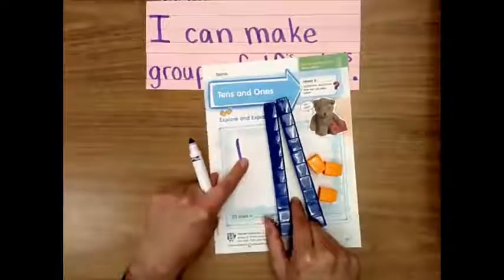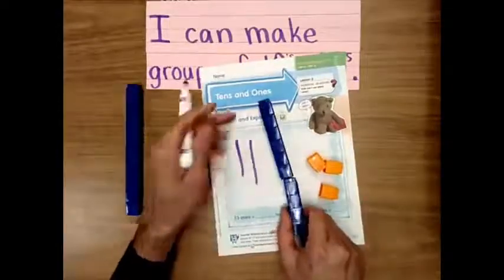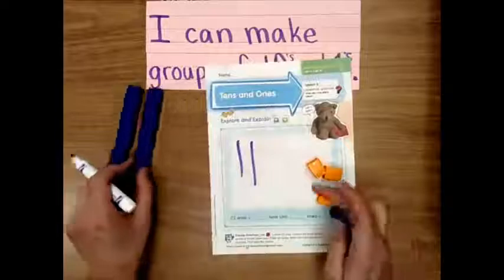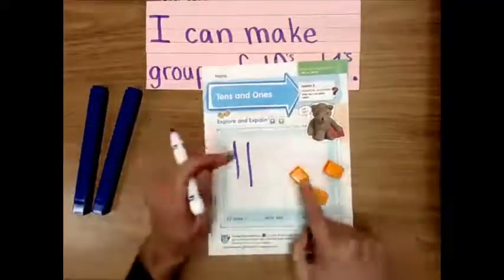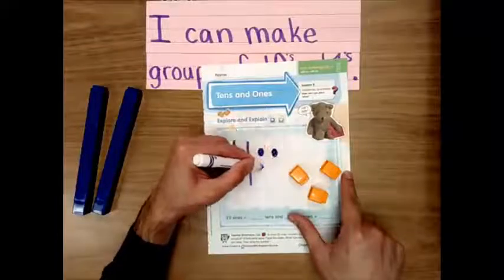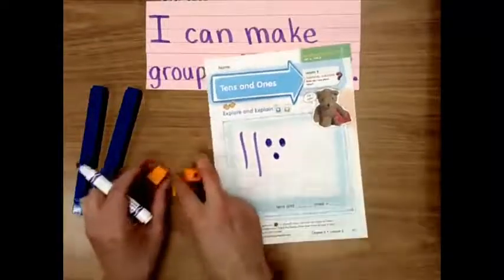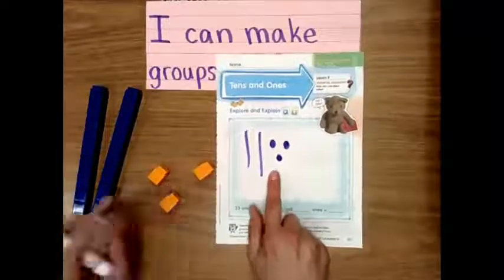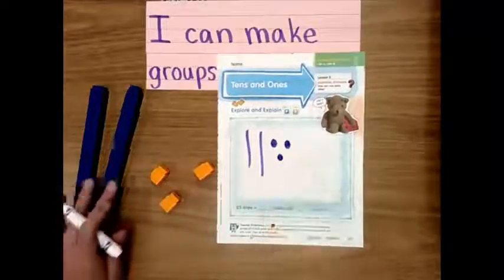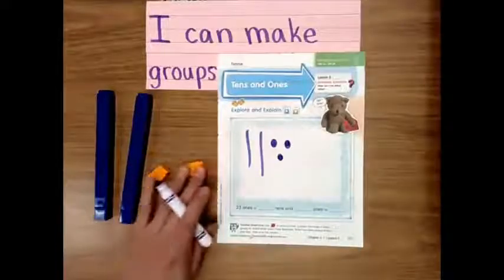So that's 1 10, and then here's another 10. So that's 2 10s, and then these are the 1s. Instead of doing them like this, I'm just going to do 3 dots. Okay, so this picture right here shows 2 10s and 3 1s, just like this.